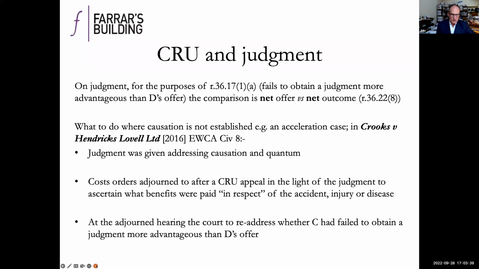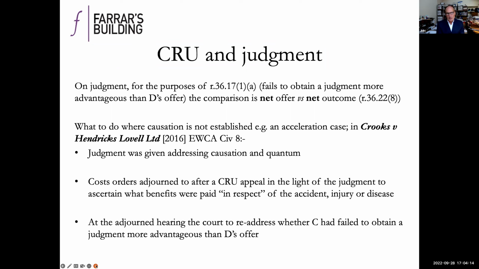Moving to the next slide, and assuming that the Part 36 offer has not been accepted, looking at the question of judgment. Now, judgment is really significantly easier in some respects in trying to untangle some of these issues, because the rules themselves assist us as to how you should deal with the like with like comparison, and it's a like with like comparison which often is the problem, and it has faced the court previously in trying to disentangle, if you like, the position.